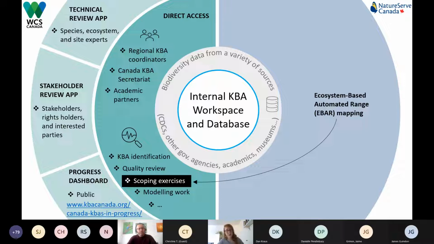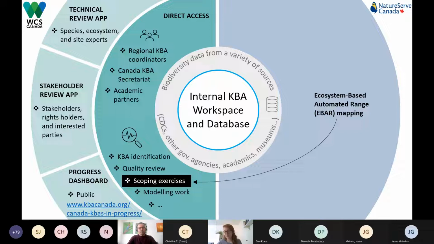We also have a stakeholder review app that is customized for stakeholders, rights holders, and interested parties to provide information about KBA sites that are under review. And finally, we have a public progress dashboard that I would invite you to go visit when you have a chance, and that displays where we are currently looking for KBA sites throughout Canada in real time. So that is constantly being updated as we make progress.